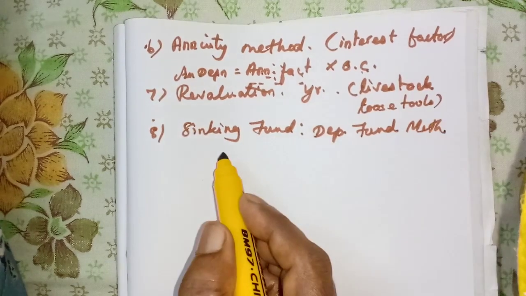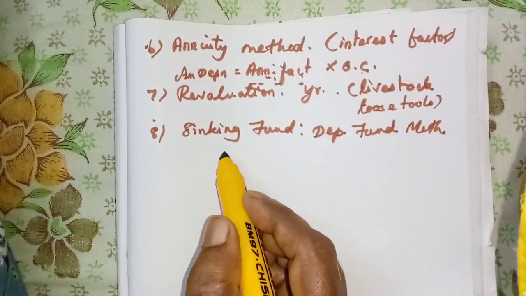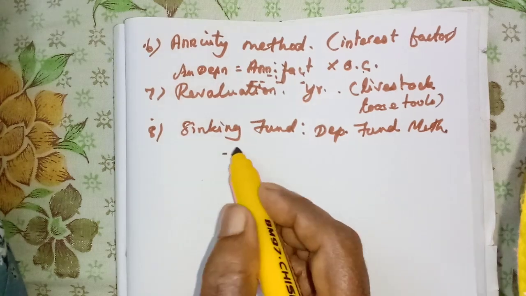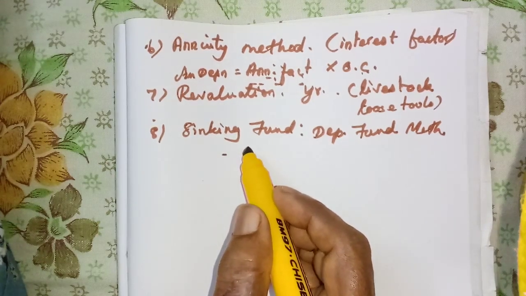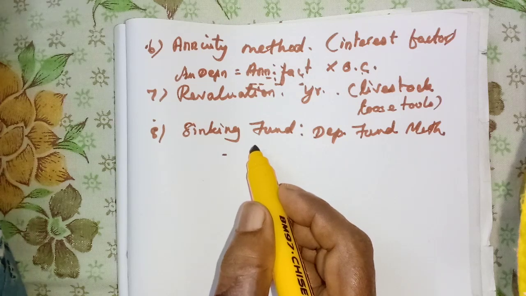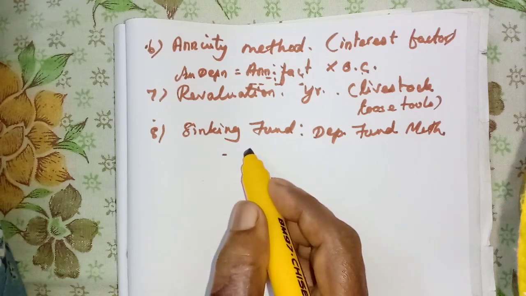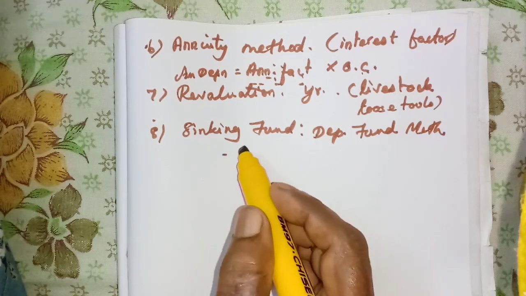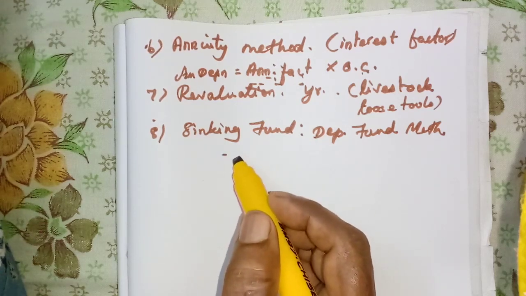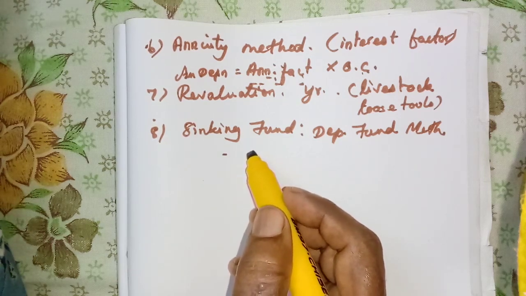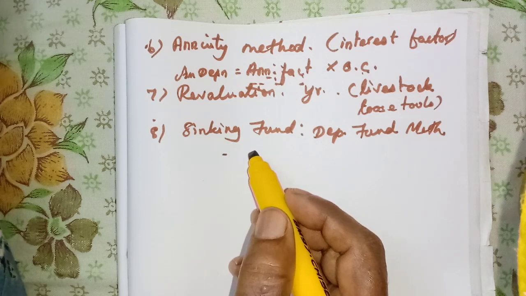Here every year they will keep aside the depreciation amount and invest it in some valuable investment. At the end of the life of the current asset, they will sell that investment and replace the old machine with this amount.